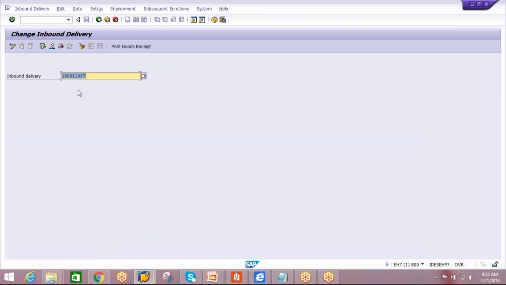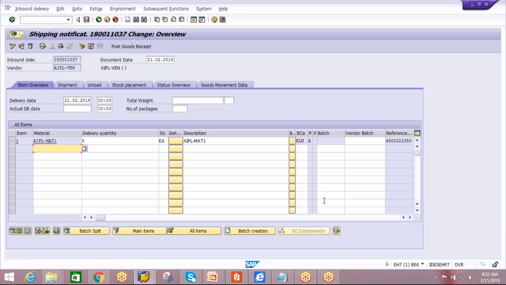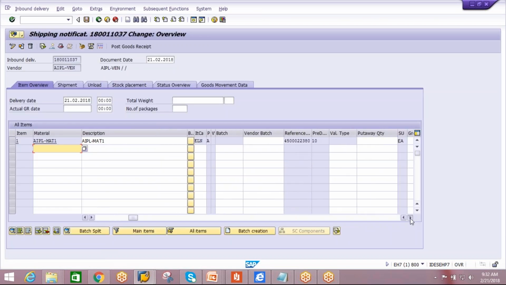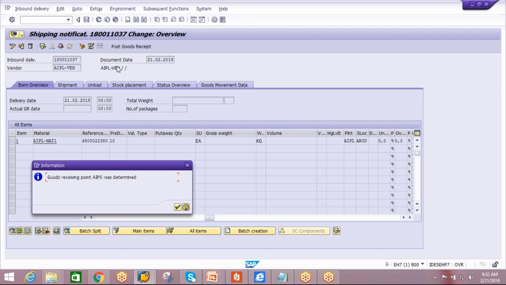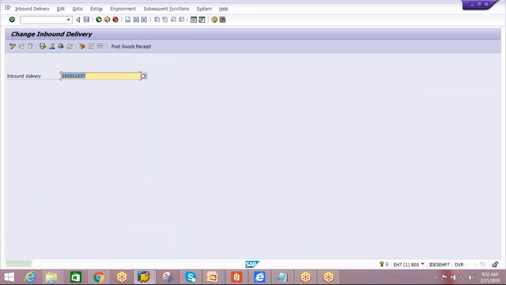From the purchase order, storage location is not there. That's the problem, I think. This is distributed 11037. This is distributed.